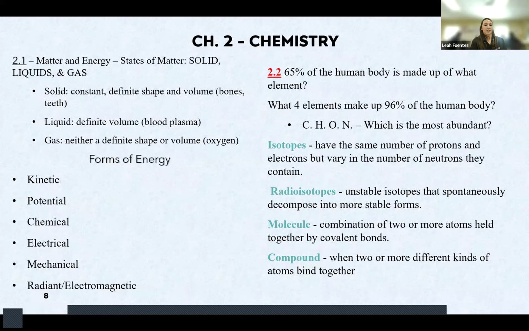Radioisotopes are still isotopes, but they're unstable and they spontaneously decompose into more stable forms. Radioisotopes are used in biological research and medicine, things like that.